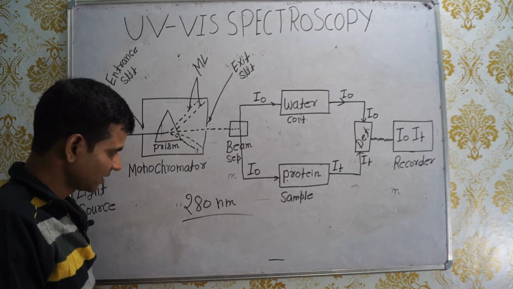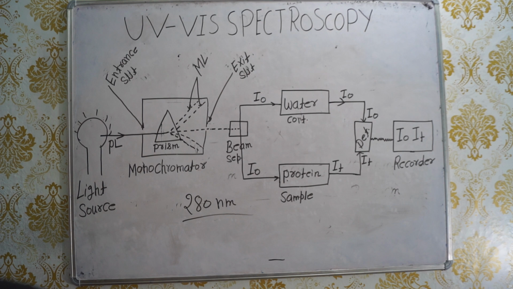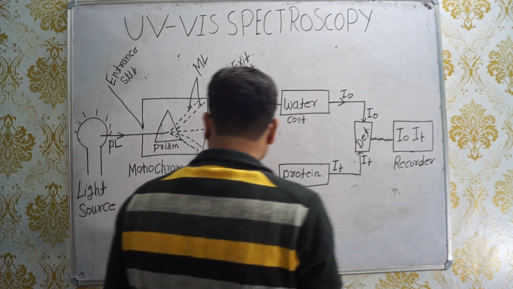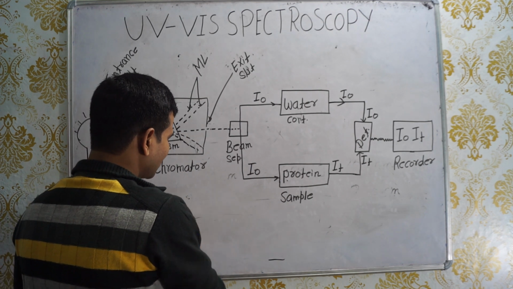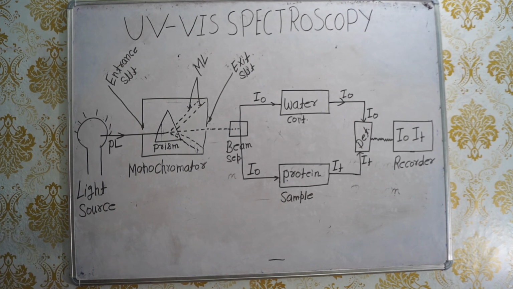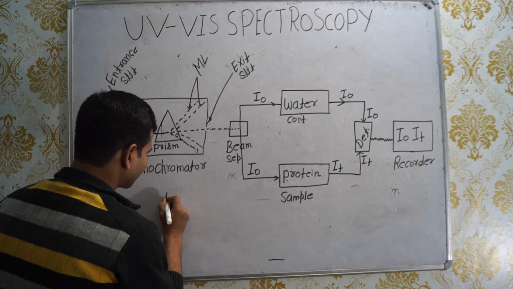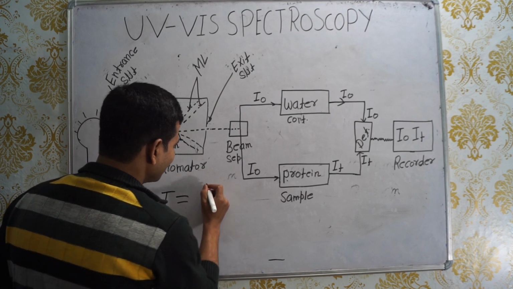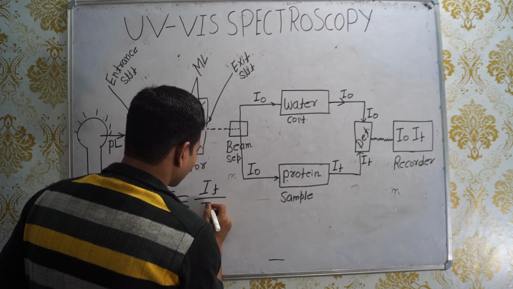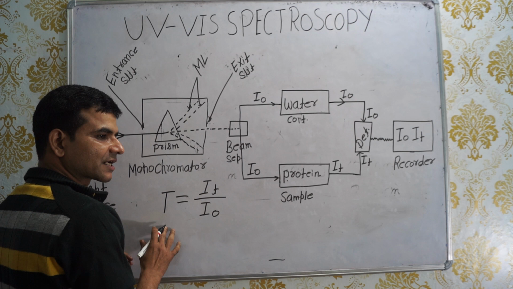Here the recorder has received I naught and IT in the form of electrical signal. Therefore the software present in the recorder will calculate the value of transmittance. T is equal to IT by I naught. Here T means transmittance.